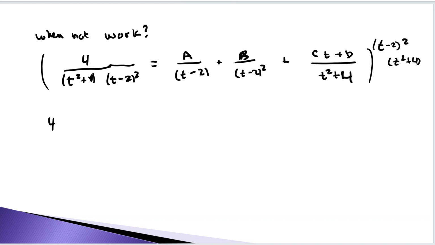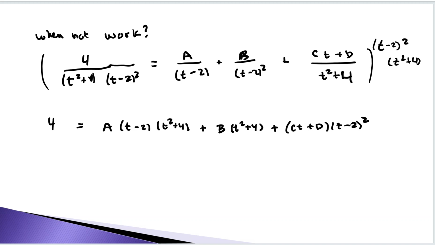That, of course, cancels everything on the left-hand side. On the right-hand side, that leaves me an a times t minus 2 times t squared plus 4, and a b times t squared plus 4, and a ct plus d times t minus 2 squared. Okay.